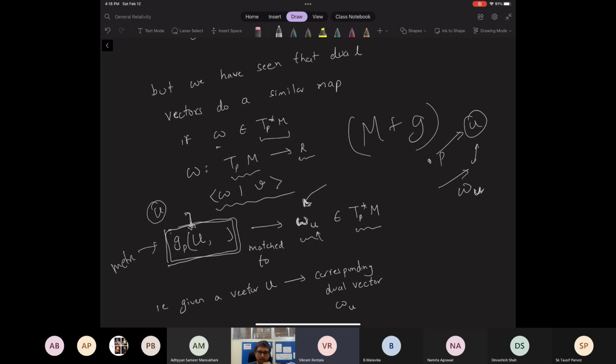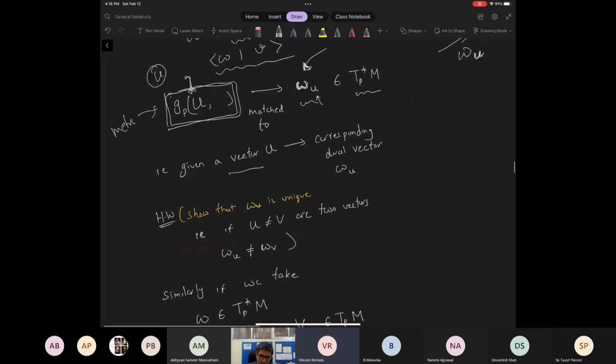This is one of the reasons why in your physics courses you're probably not familiar with the concept of dual vectors: most of the time you are assuming the metric of space or space-time, and therefore there is no real distinction between vectors and dual vectors, because for any vector I can always construct the dual vector. So we never bother talking about dual vectors, we only talk about vectors.